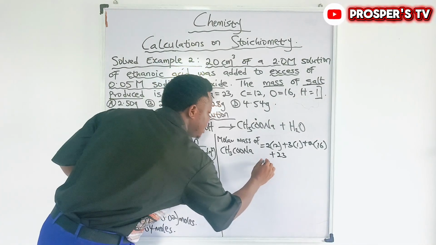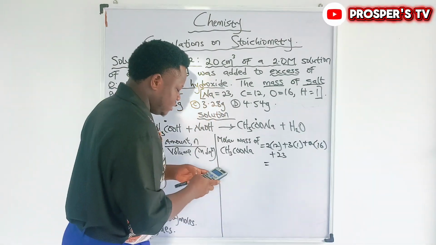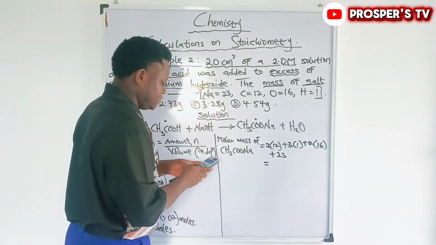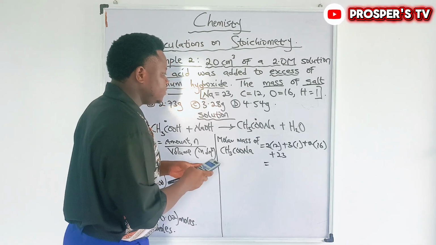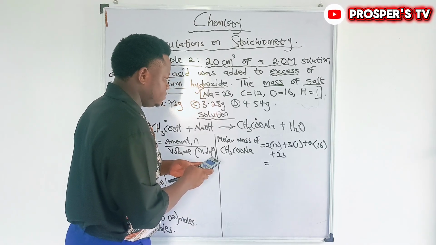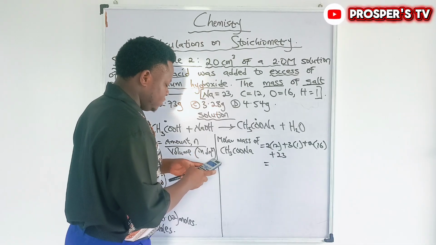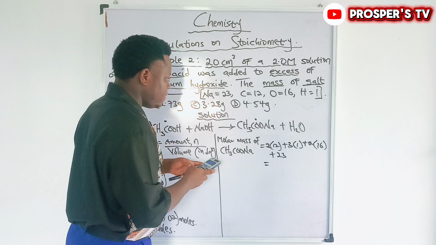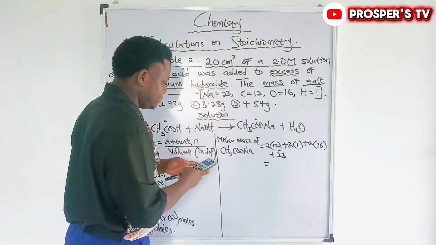So we punch our calculator. That's 24 plus 3 plus 32 plus 23.